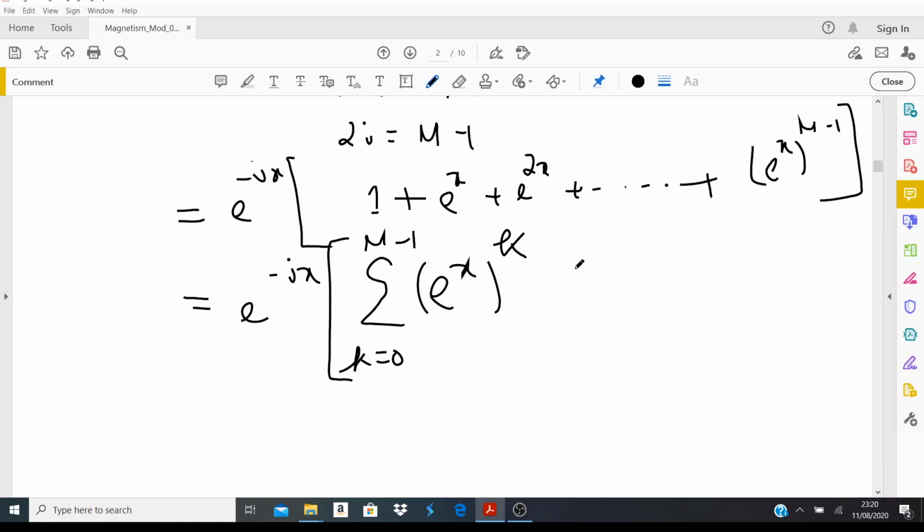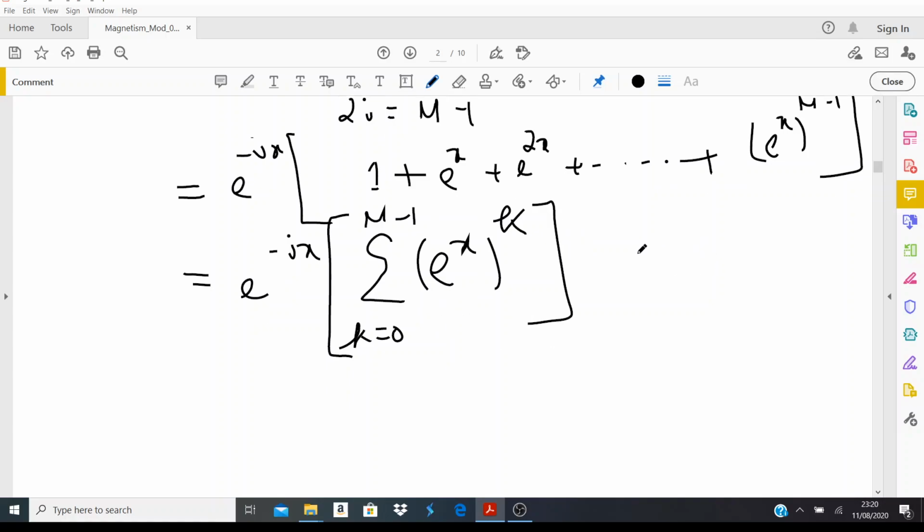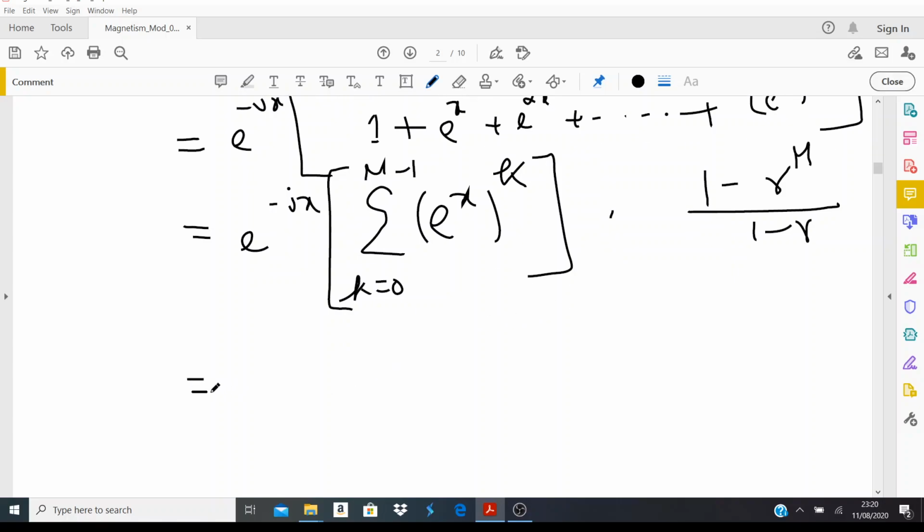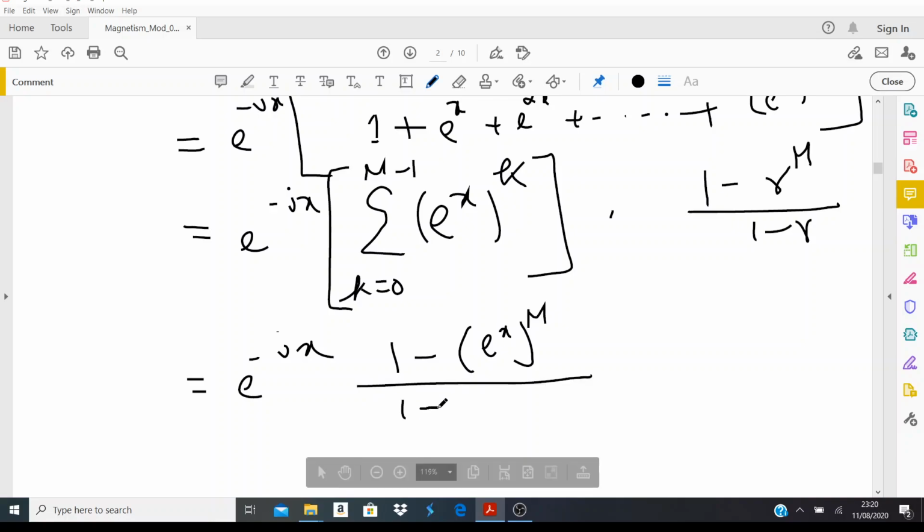So that's a geometric series, and you know the result of the summation, because you remember, right, it is 1 minus r to the power m over 1 minus r. r is e to the power x, the ratio of the successive terms. So if you just follow this formula here, you will get e to the power minus jx, and then you will have 1 minus e to the power x to the power m, right? And then over 1 minus e to the power x.